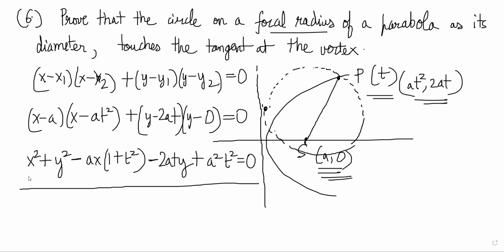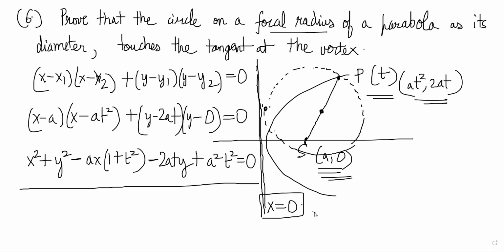In this circle, we can see that the center of the circle is obviously the midpoint, and you should realize that if this circle touches the tangent at the vertex, and the tangent at the vertex is the line x = 0, right? The line x = 0 is the tangent at the vertex.